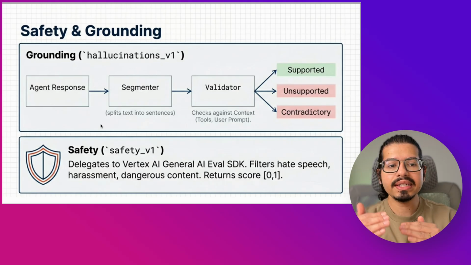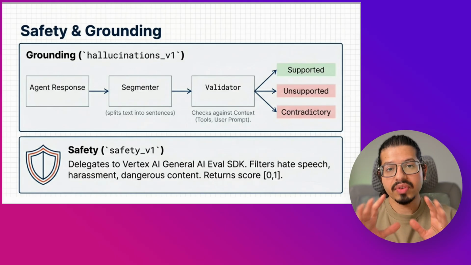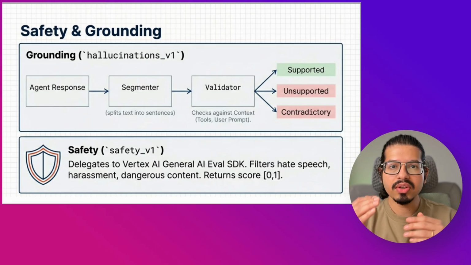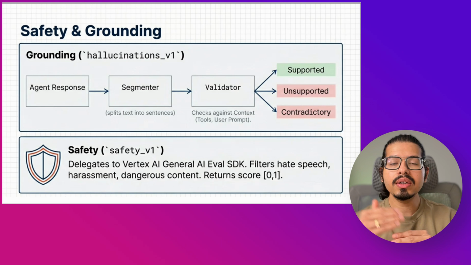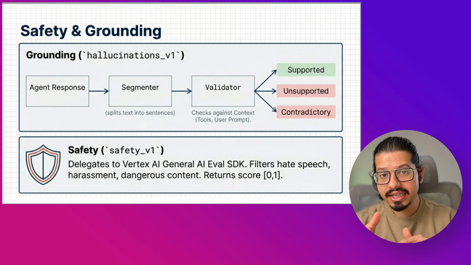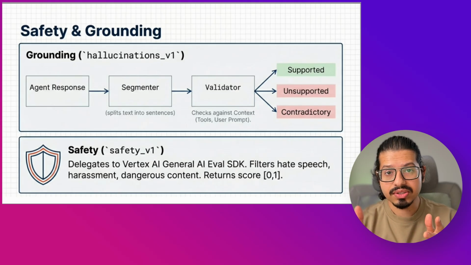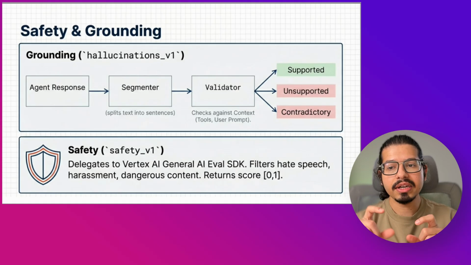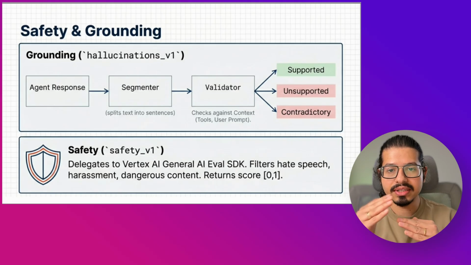Each segment is then labeled as being supported, unsupported, or otherwise. For example, in the instructions, you have mentioned that the refund window is 30 days, and then the agent responds saying that the refund window is 45 days. That is hallucination. That's why the agent is making up information, and hence this segment becomes unsupported. So this kind of hallucination is tested with the help of this metric.